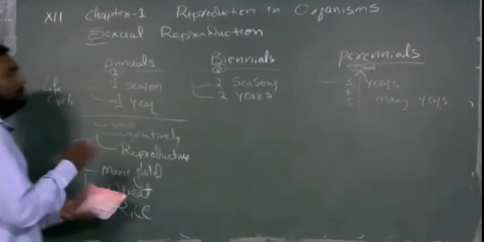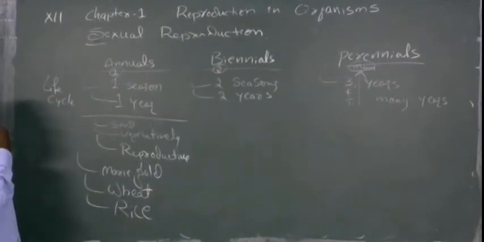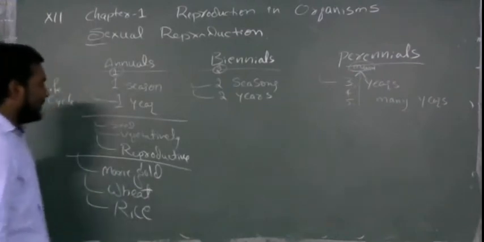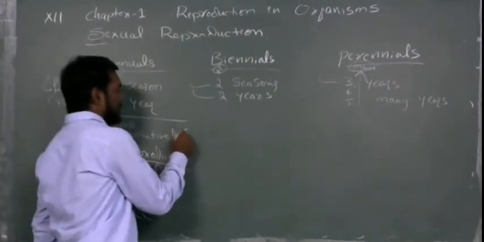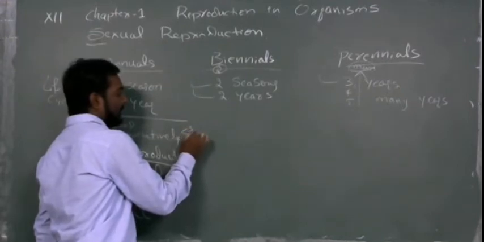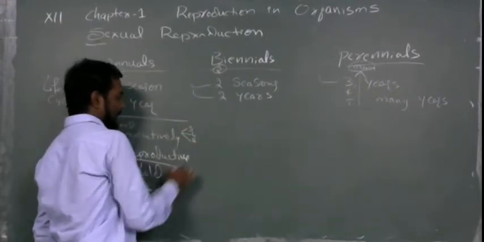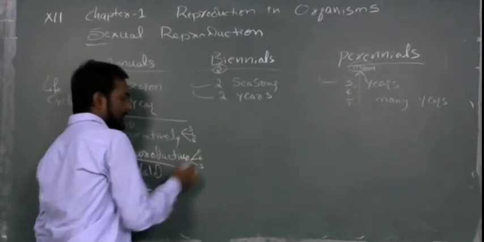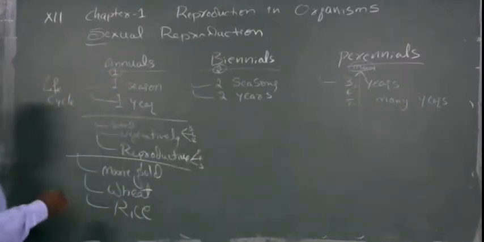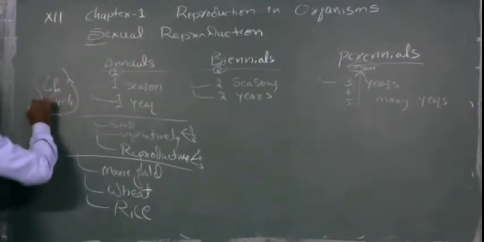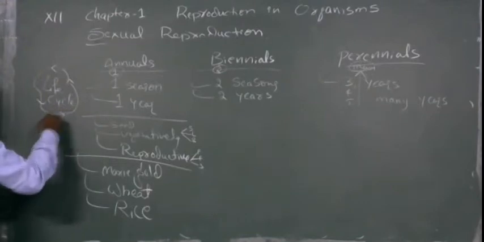Clear? These are simple things. Many flowering plants and many vegetables will come under this. Understood? For a vegetable, they will get stem, leaves, roots, flowers, fruits and seeds within one season and they will die. So the total life cycle will be within 1 year.